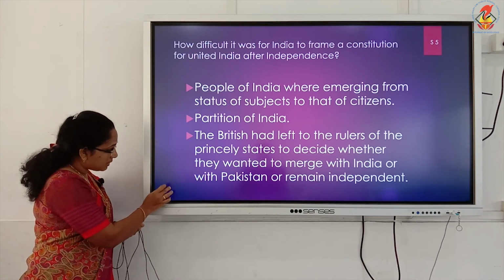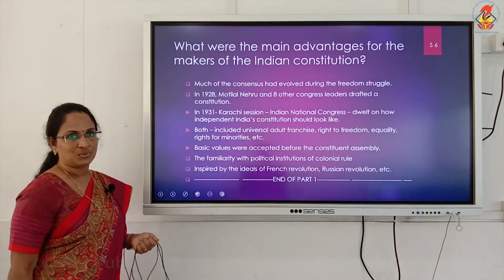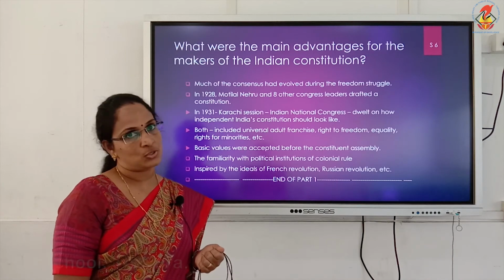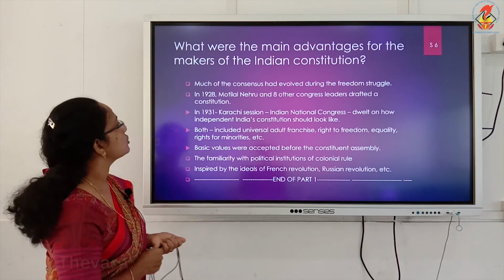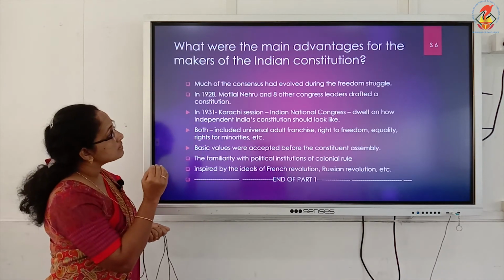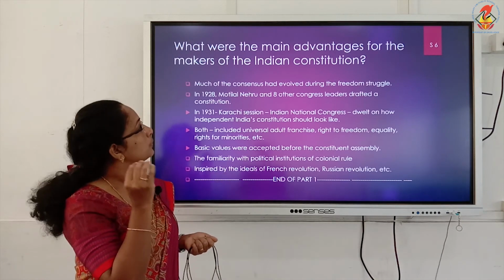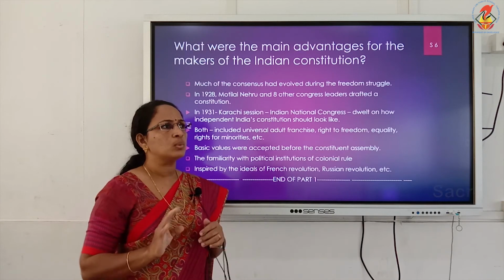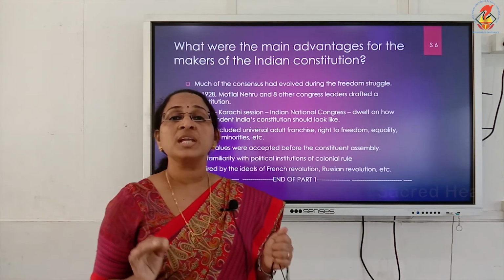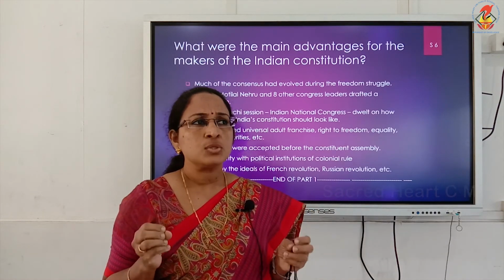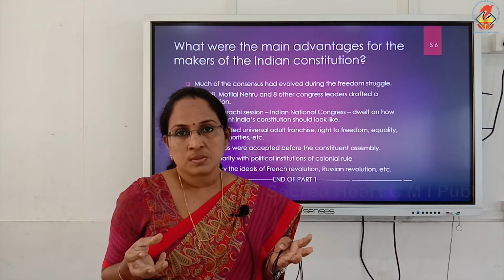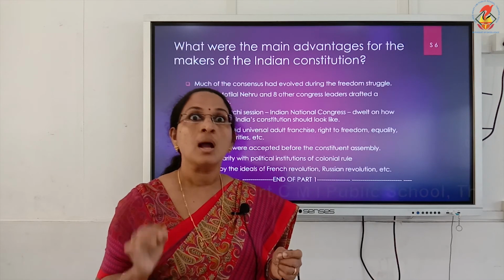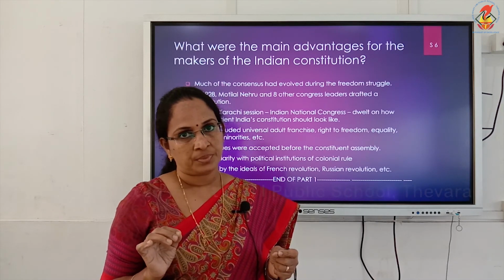At the same time, they got some advantages also. Which were the advantages for the makers of the Indian constitution? Coming to the advantages, children, much of the consensus had evolved during the freedom struggle. That means during the colonial rule or during the freedom movement, they had discussed and agreed on which values should be included in the Indian constitution after independence.